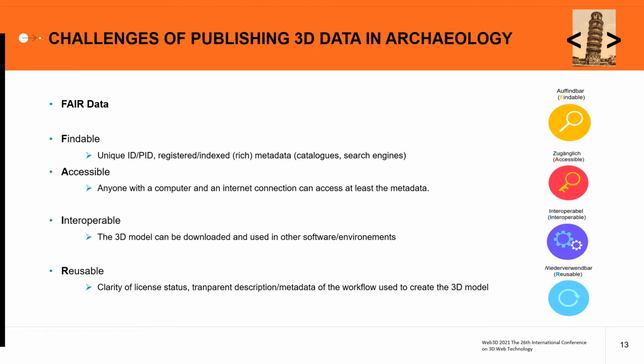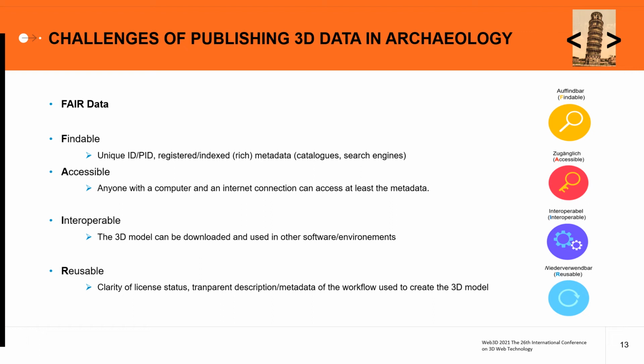I am quickly trying to translate these principles to understand what they mean in practice. Findable means that the data can be uniquely identified and can be found in search engines or catalogs due to the metadata information that is connected to the data. Accessible means, as is written here, that anyone with a computer and an internet connection can access at least the metadata.